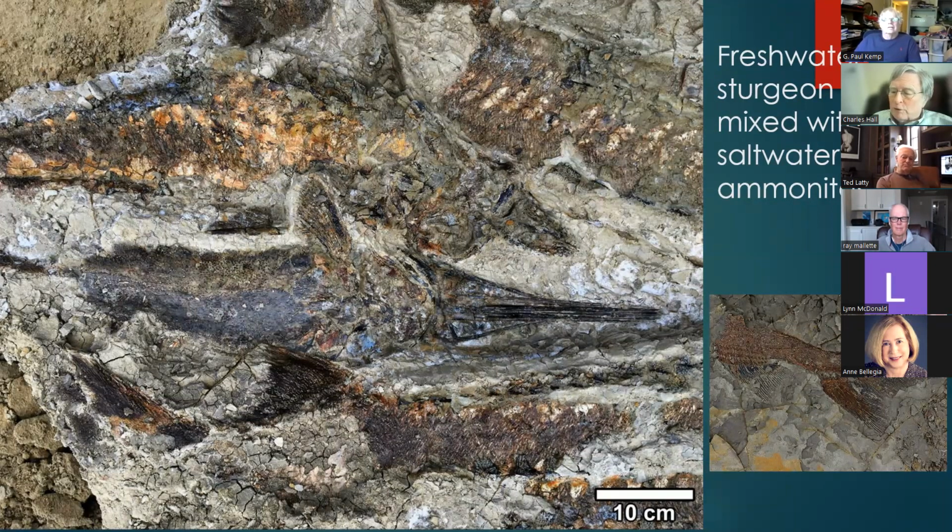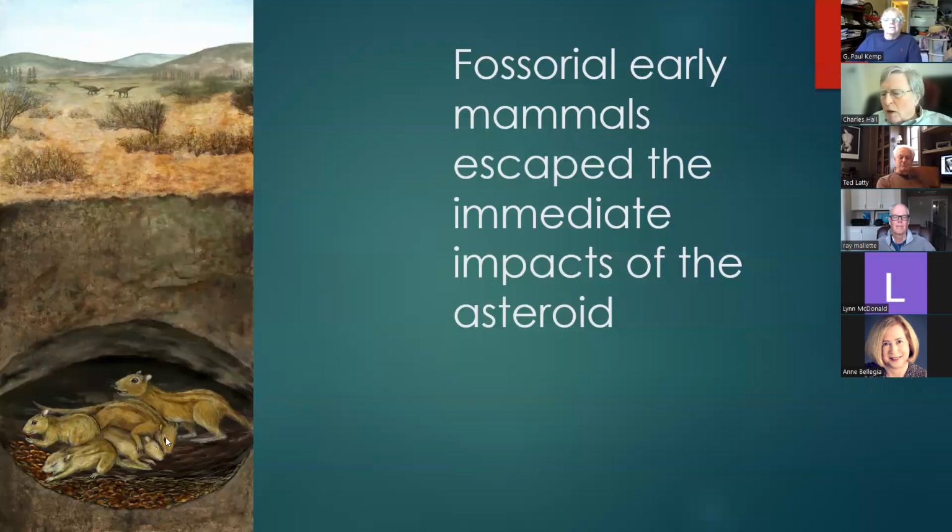Another turtle survived, some turtles, and some early mammals. And they actually found up there in North Dakota a fossil of an early mammal living underground. And it's thought that this burrow protected these early mammals from the immediate impact of this explosion. They had a bomb shelter, so to speak.